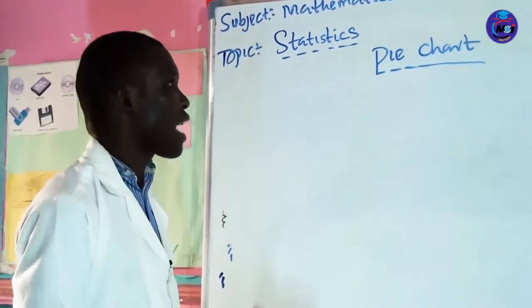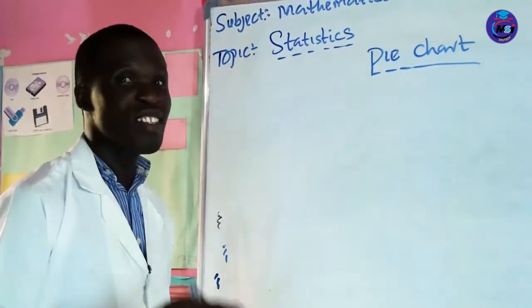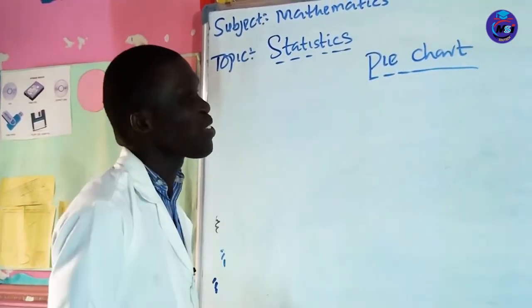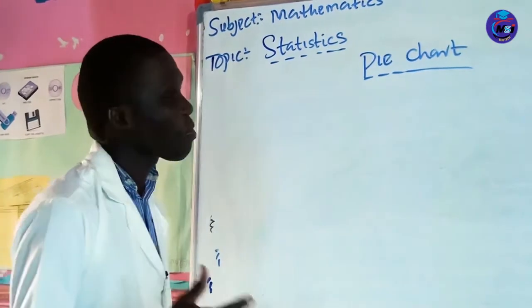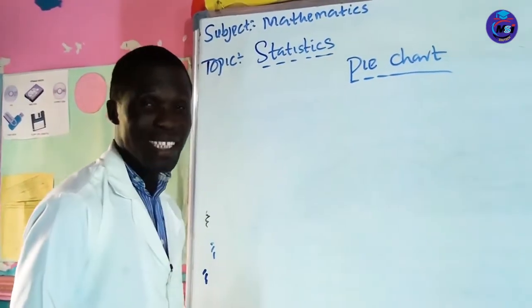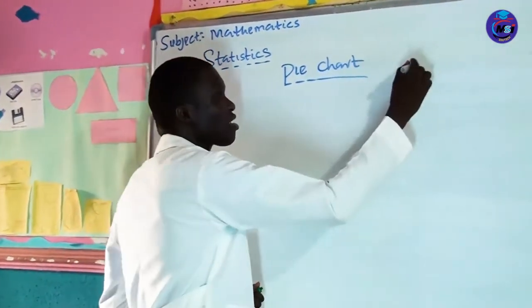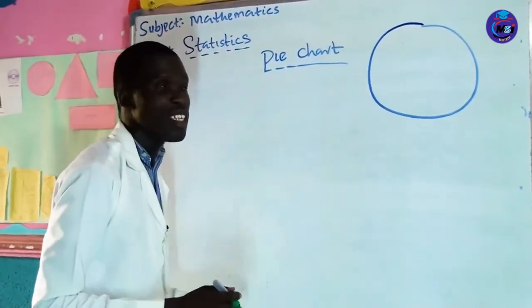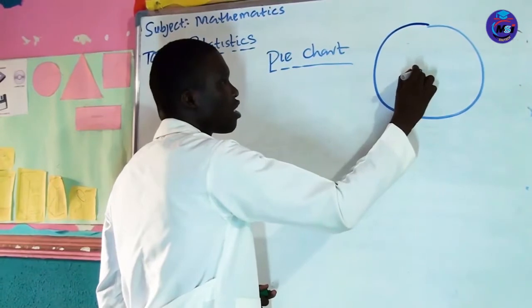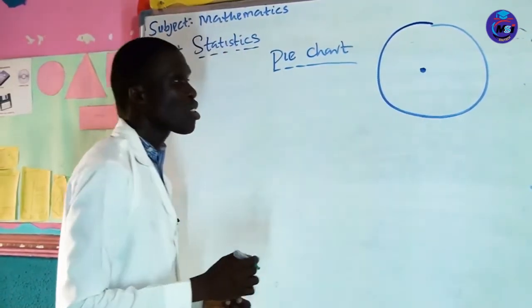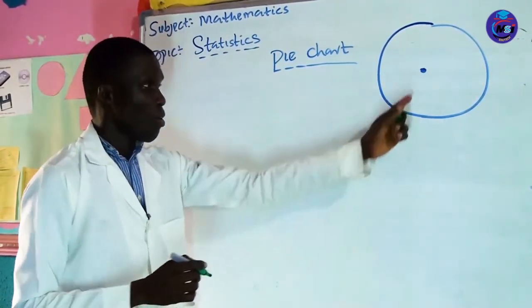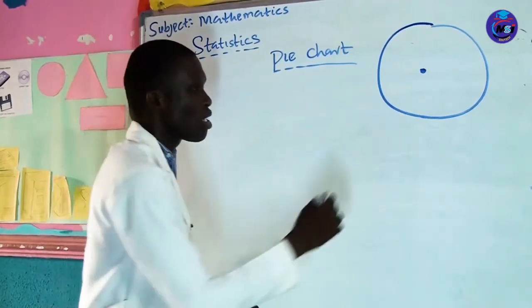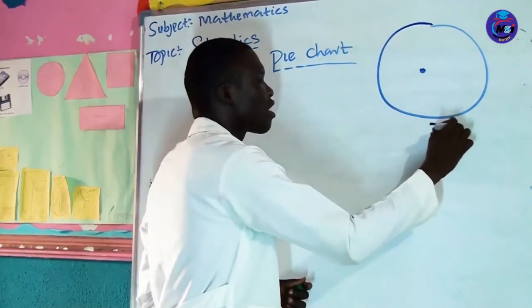Class, we want to look at pie chart. It's not meat pie, so don't get confused with that. It's a pie chart. And how does a pie chart look like? It's just like a circle. And remember, the sum of angles at a point, or the sum of angles of a circle, is 360 degrees.